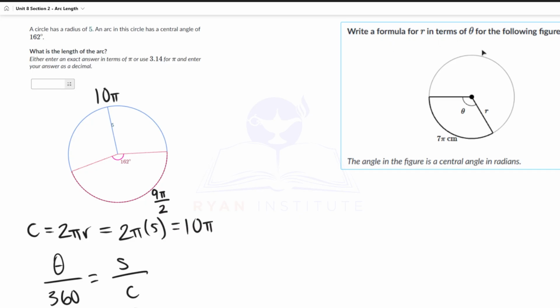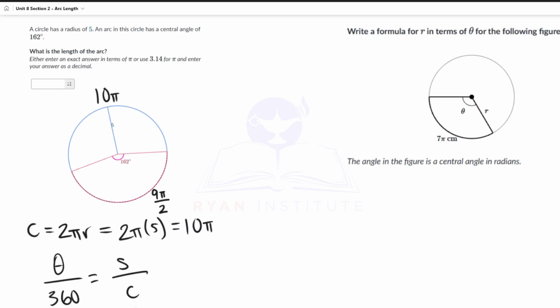Now let's talk about this one. It says, write a formula for r in terms of theta for the following figure. The angle in the figure is a central angle in radians. So a central angle theta measured in radians tells us how many times the radius fits into the arc.